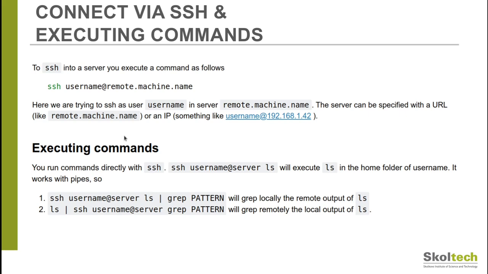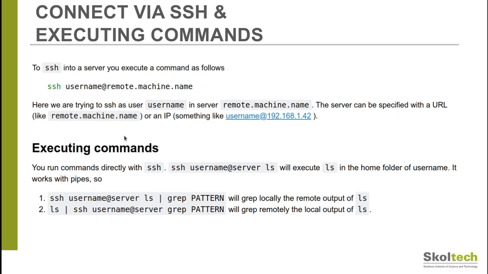To SSH into a server, you execute a command as follows: ssh username@remote.machine.name. Here we are trying to SSH as username into a server, remote machine name.